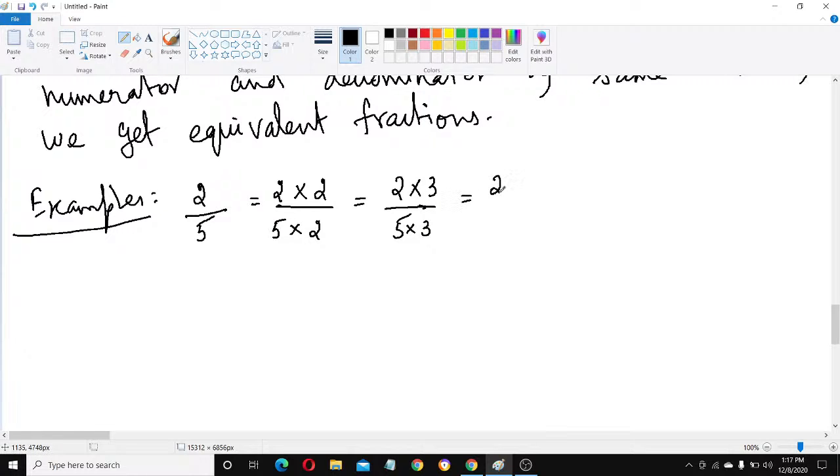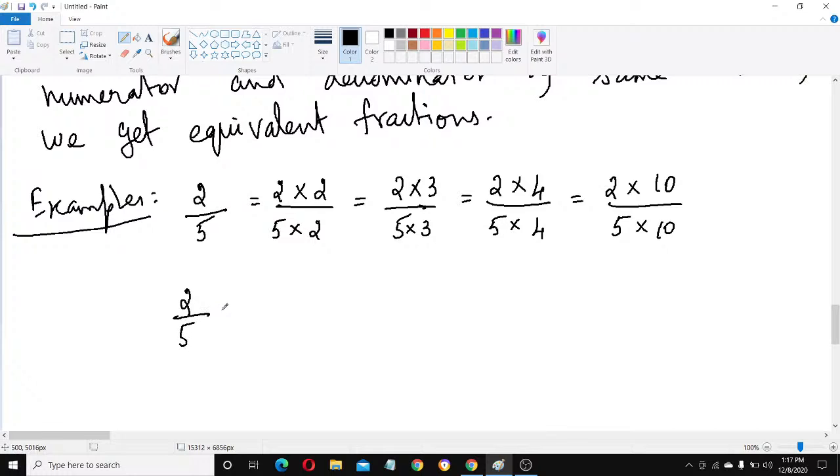You can multiply by 4: numerator 2 by 4, denominator 5 by 4. Now numerator 2 by 10, denominator 5 by same number 10. You should multiply numerator and denominator by the same number.